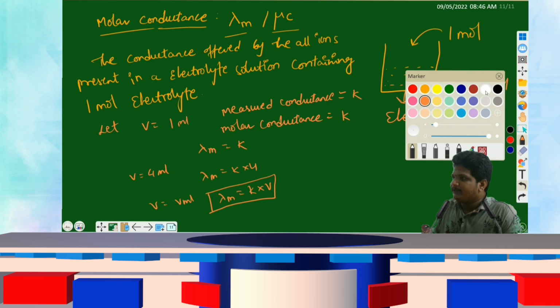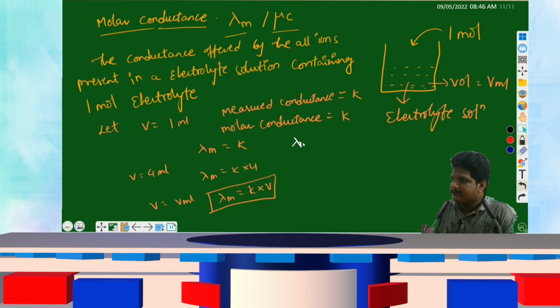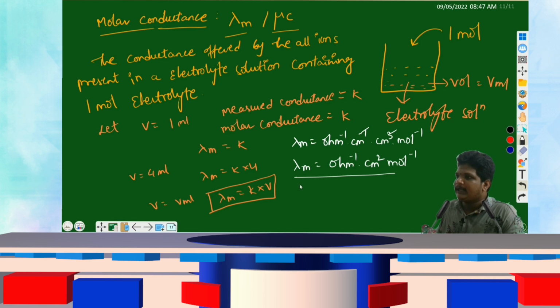Lambda m is equal to specific conductance, that is ohm inverse centimeter inverse, and V, the volume of the solution containing 1 mole electrolyte, is centimeter cube mole inverse. Here the cube and inverse cancel out, so lambda m is equal to ohm inverse centimeter square mole inverse.